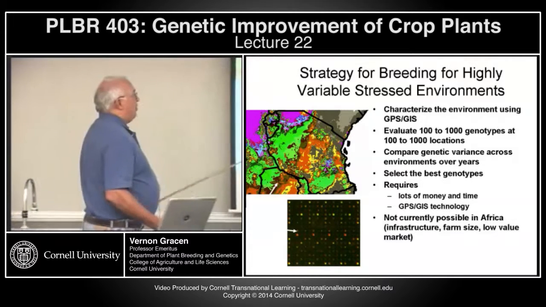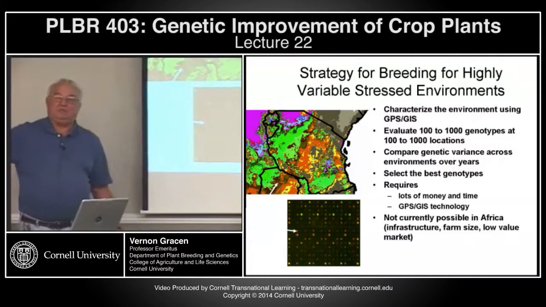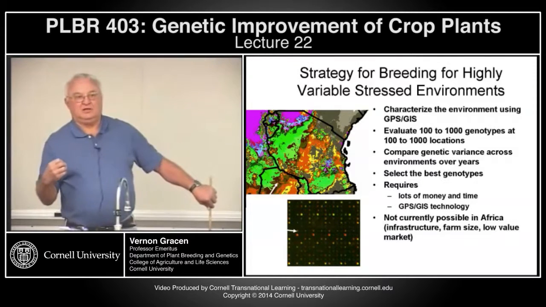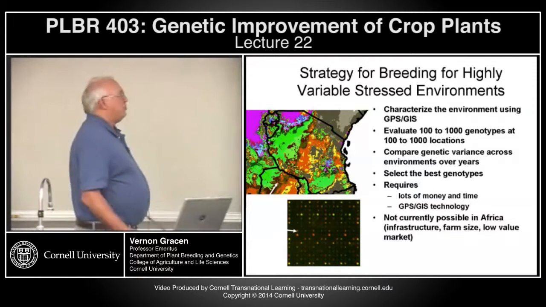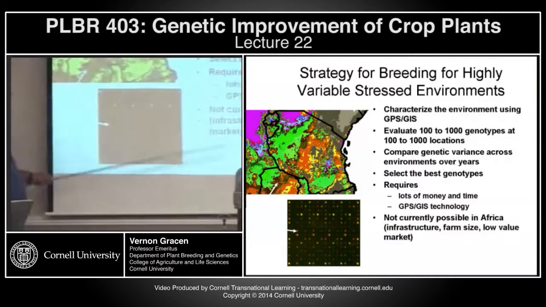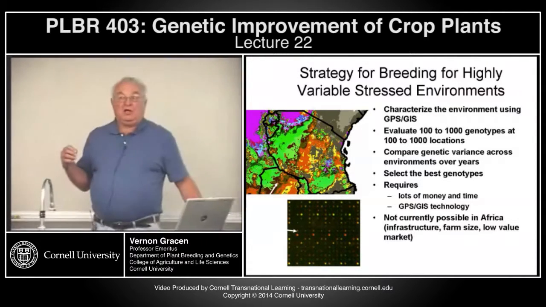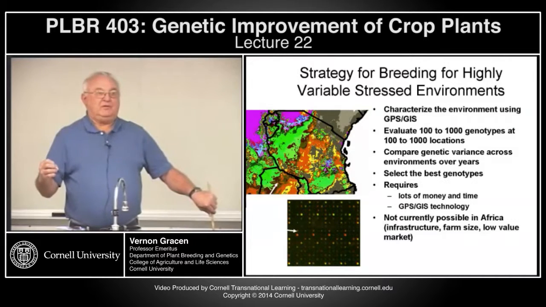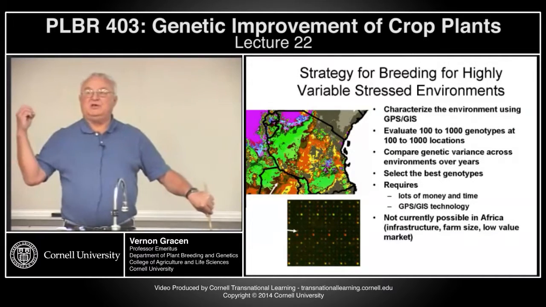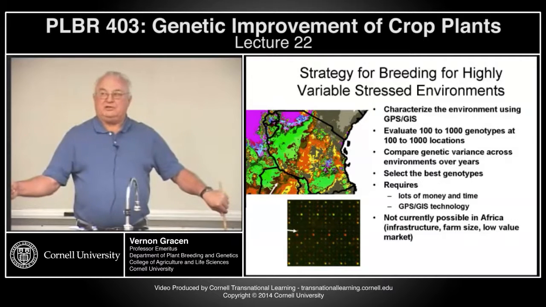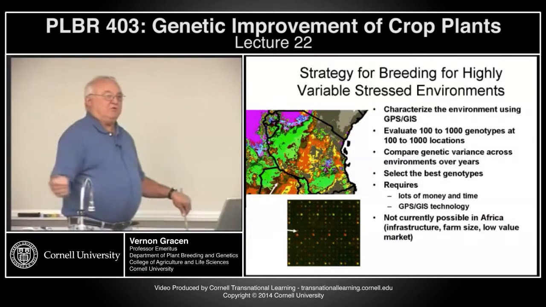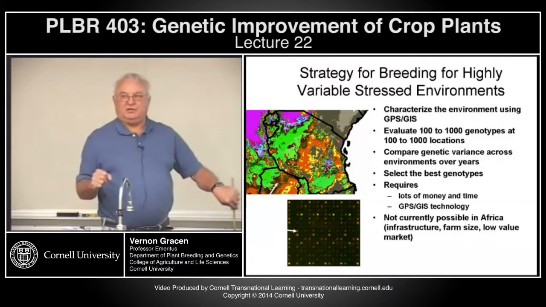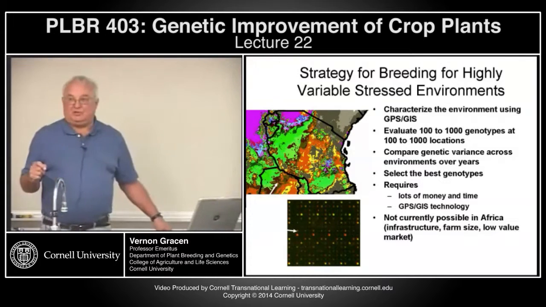So we're often critical of our private breeding programs, but actually our private breeding programs can utilize all of this type of technology, and they actually do a very good job of breeding varieties that meet farmer needs. Unfortunately, they only do that breeding in markets that have a profit potential.